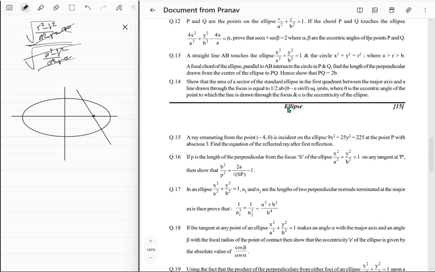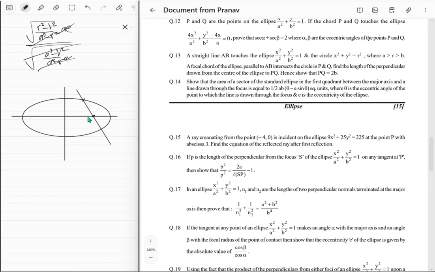Now what's theta? Theta is the eccentric angle of the point to which the line is drawn through the focus. So maybe this point, I guess. And you are talking about the area of the sector of the standard ellipse in the first quadrant between the major axis and a line drawn through the focus. What sector is between the major axis and this line?